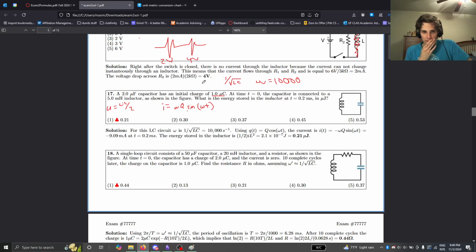So if we plug everything in, well, we can plug anything in at this point. Make sure your calculator is set to radians.